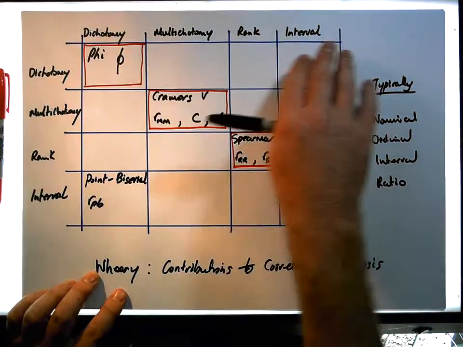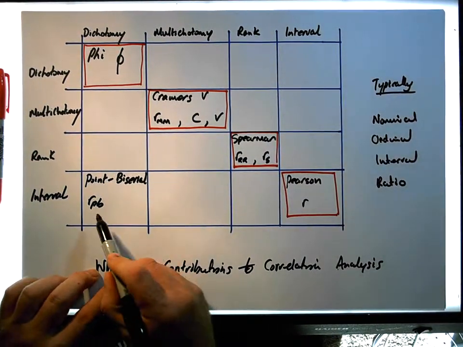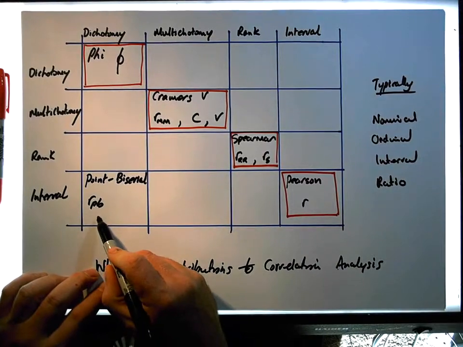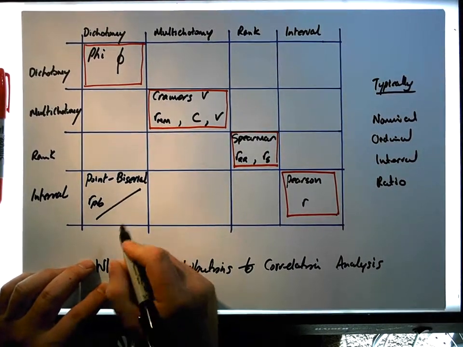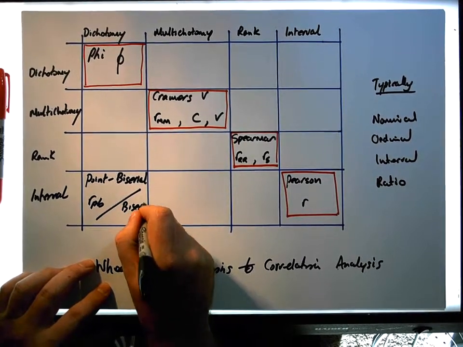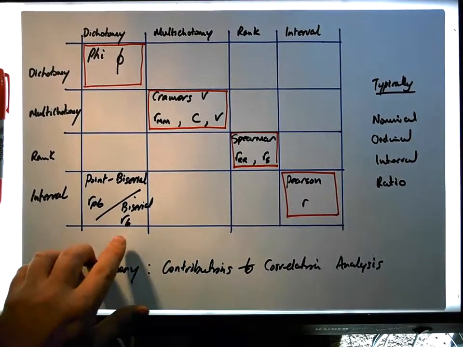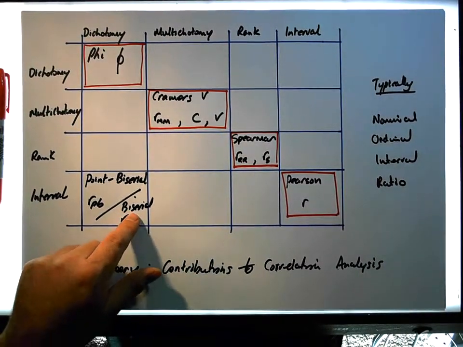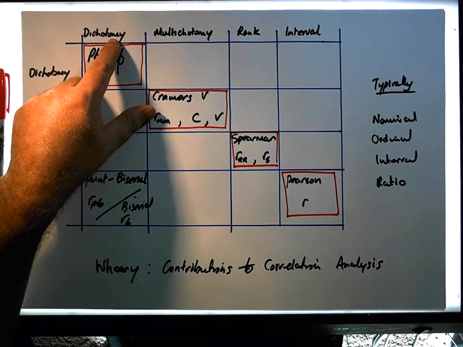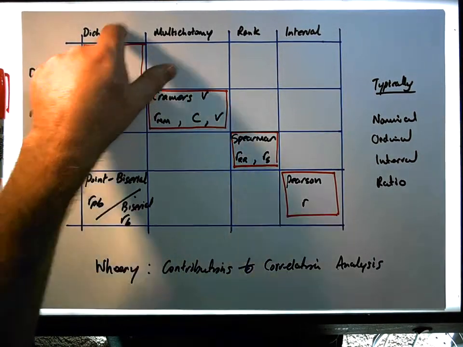In that case, the appropriate correlation coefficient isn't the Point-Biserial. It is what's known as the biserial correlation, symbolized by r_b for biserial. That's where the variable that has been dichotomized artificially is associated with a continuous variable.